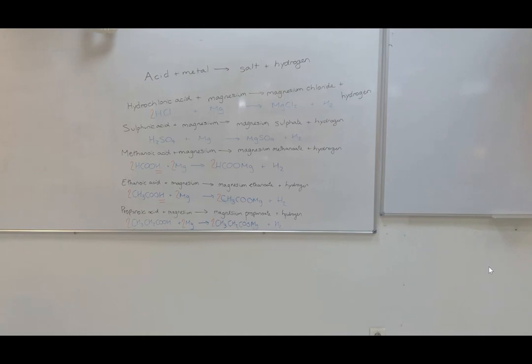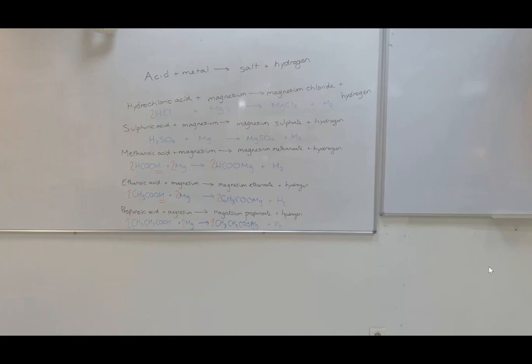In the symbol equations, you can see that I have underlined one of the hydrogens in both the methanoic acid and the propanoic acid. That hydrogen is the one that is being replaced. So what's happening in this reaction is that a hydrogen atom is leaving the acid and being replaced by the magnesium.